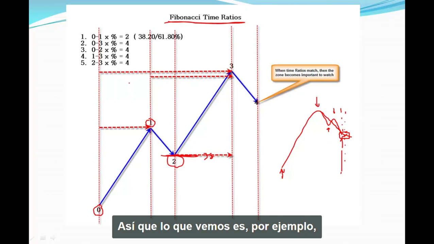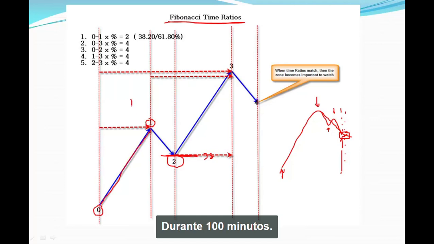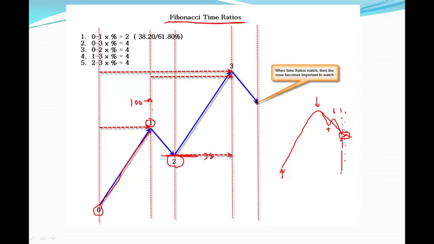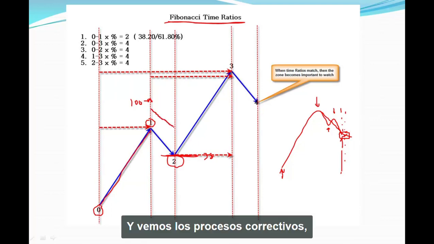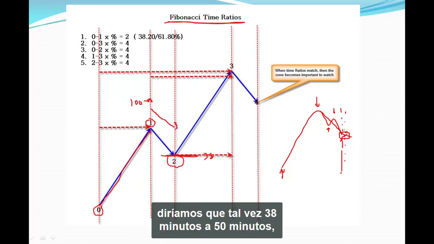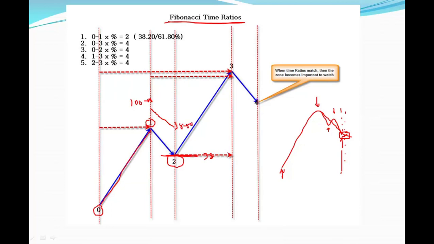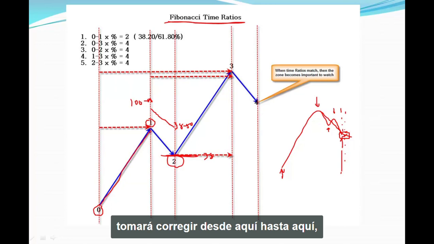So what we look at is, for instance, let's just say the market went up for 100 minutes, and we look at the corrective process. We would say, okay, maybe 38 minutes to 50 minutes it's going to take to correct from here to here.